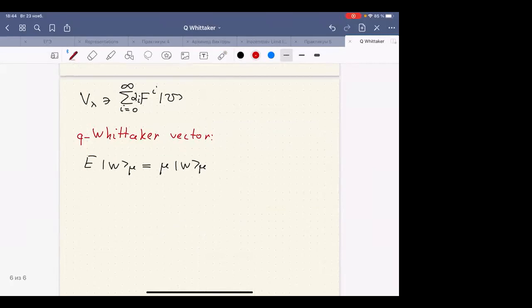Okay, then we try to find the Whittaker vector. In the classical case, E_i on the Whittaker vector is mu_i times the Whittaker vector.